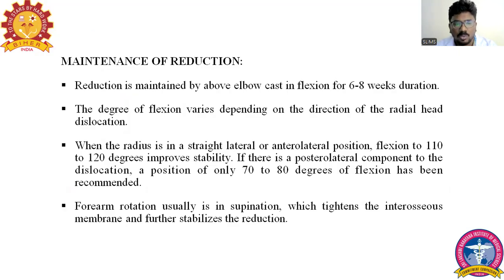So forearm rotation usually is in supination, which tightens the interosseous membrane, which further gives mechanical compression over the fracture site, helping reduction. So the take home is when the radius is anterolateral or lateral, the flexion is 110 to 120 degree, whereas in the posterolateral component, it is 70 to 80 degree.